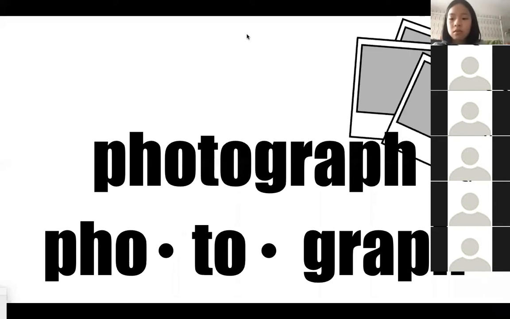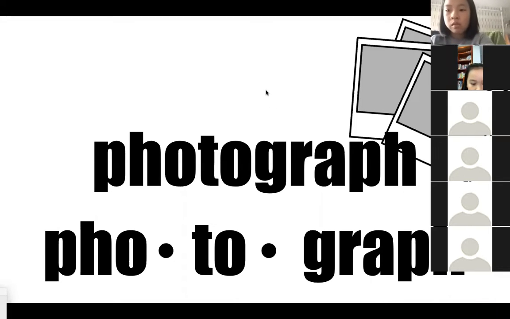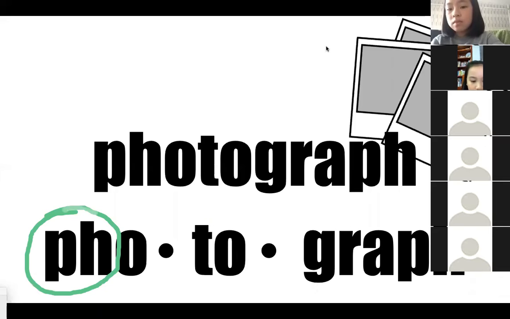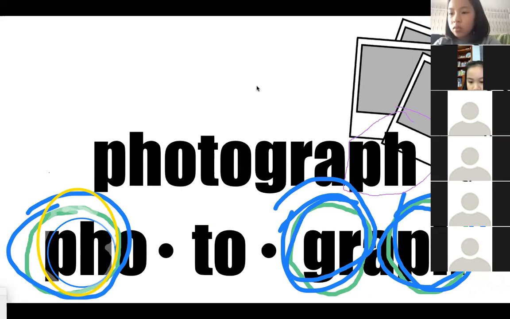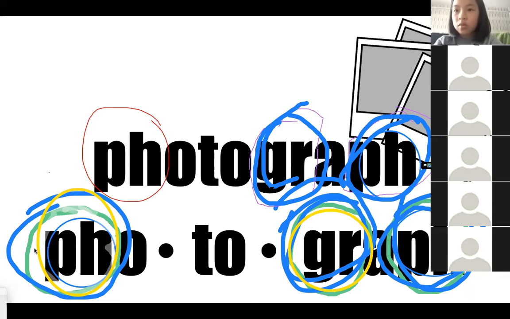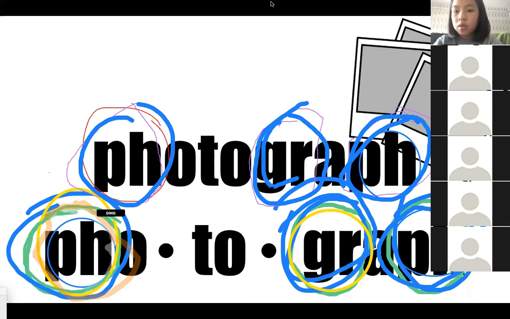So let's look. I'm going to enable the annotation, and I want you to circle the digraphs that you see in the word photograph. How many digraphs do we see in the word photograph? Go ahead and circle any consonant digraphs that you see. Okay, very good. So we see 2 of the ones that we are talking about now.